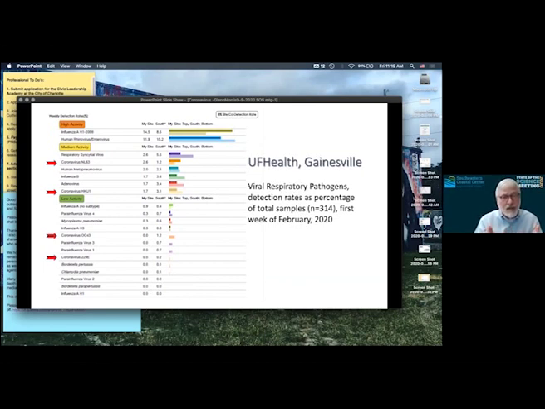And basically, they were causing severe enough upper respiratory illness that people in the emergency room elected to send in assays to screen for viral pathogens. So essentially, what you see is that these viruses are around all the time. And as I said, they're viruses that we as humans pick up without too much difficulty. Next slide.